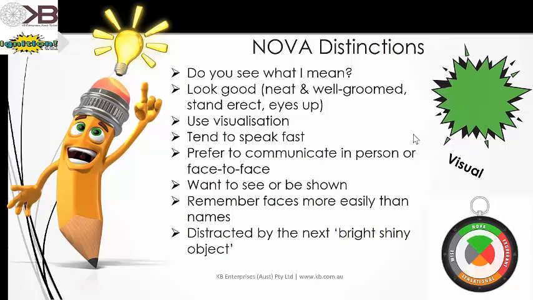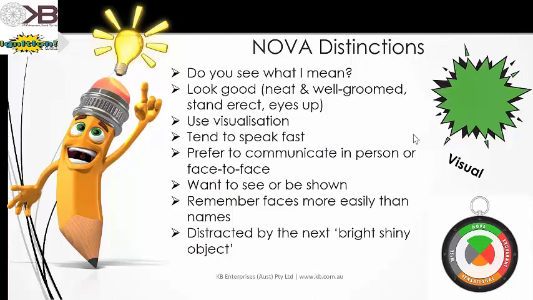They also like to be shown things, like concepts and ideas of how something is done, rather than being told. They're very good at remembering people's faces, but not their names. So they're not really good at anything that relies on their other senses. Visual is predominantly what they need.